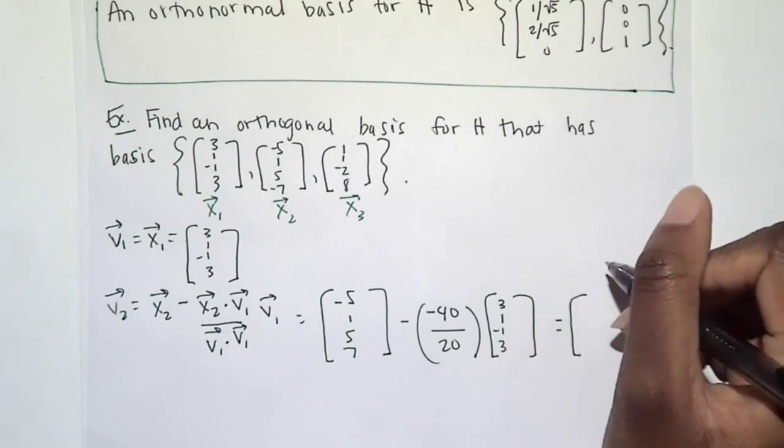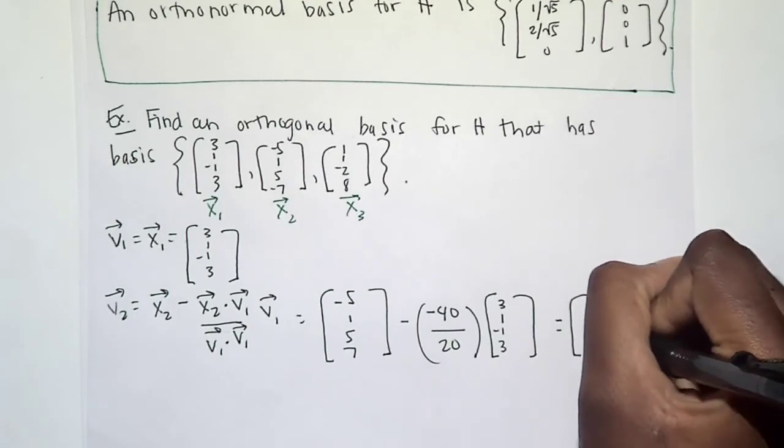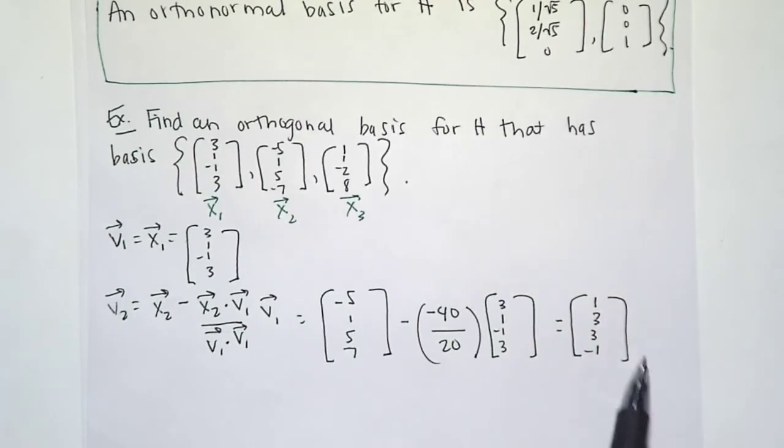Okay, so that gives us 1, 3, 3, negative 1. So this is the second basis element. These two vectors are orthogonal, and that's what we want. And then finally, we need the third one.